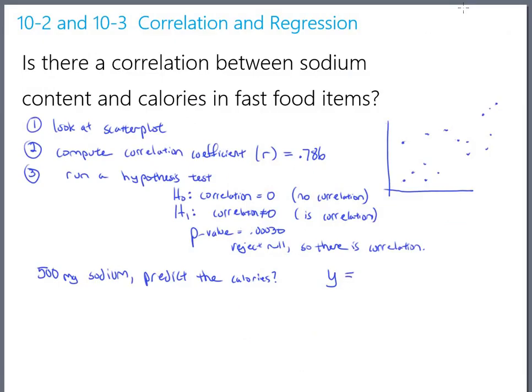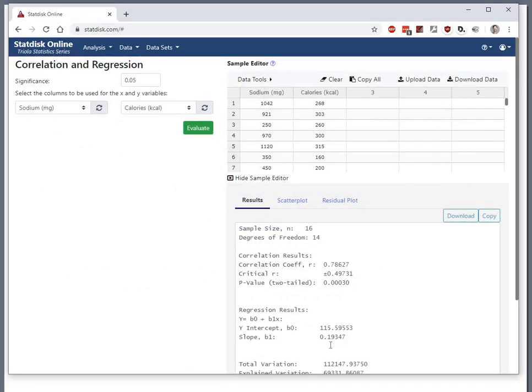I'm going to round a little bit. Plus 0.19, I'm going to round a bit there too, 0.19 times x.